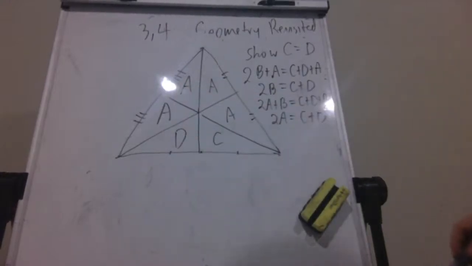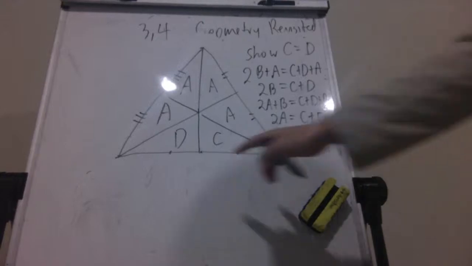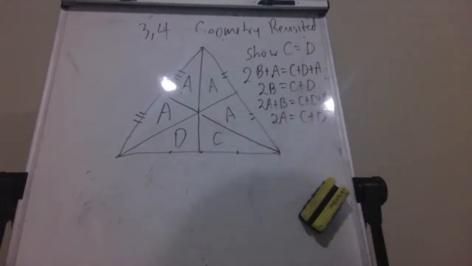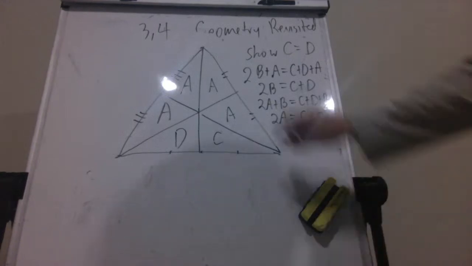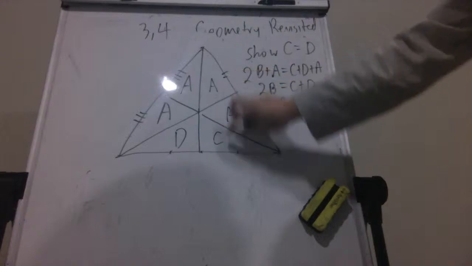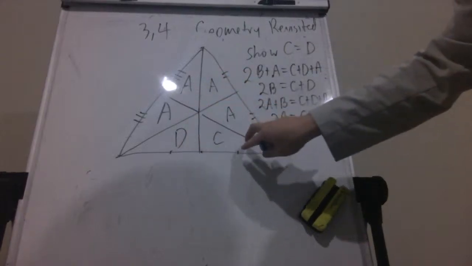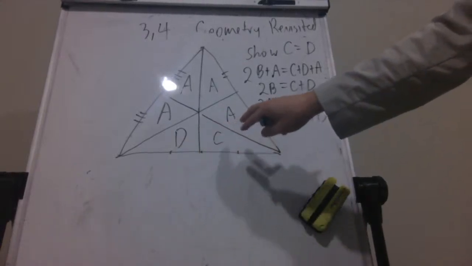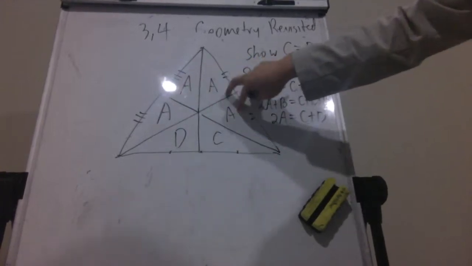And then we know that, remember how we did the ratios? The ratio of these two areas is equal to the ratio of these two. So the ratio of 2A plus C to 2A plus D is the same as the ratio of C to D, and it's the same as the ratio of 2A to 2A.